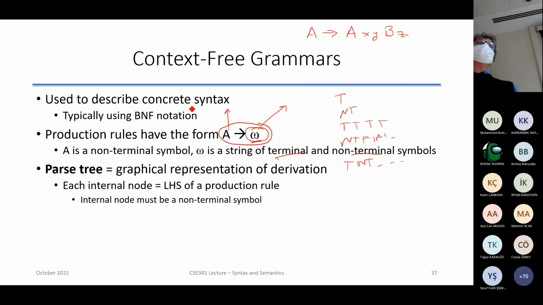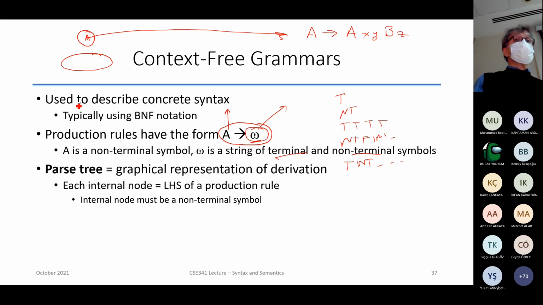The parse tree representation of a derivation says, okay, let's do it this way. We take a node in this tree, and if this node represents the use of this particular production rule, then the left-hand side of it is going to be this, and the right-hand side of it is going to be the children of this node.